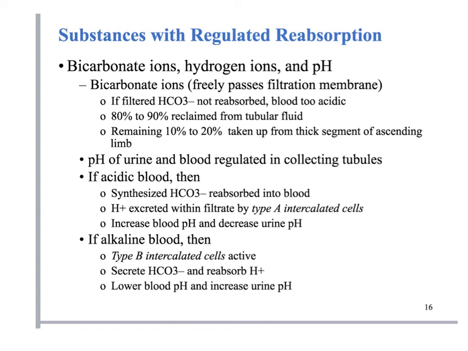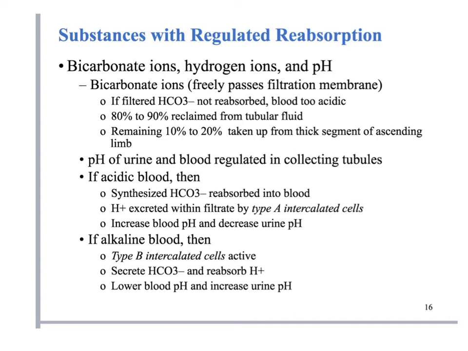pH of what? Below 7.35, okay? So if it's acidic, the synthesized bicarbonate ions are reabsorbed into the blood, within the cells. That helps to increase blood pH and decrease urine pH.